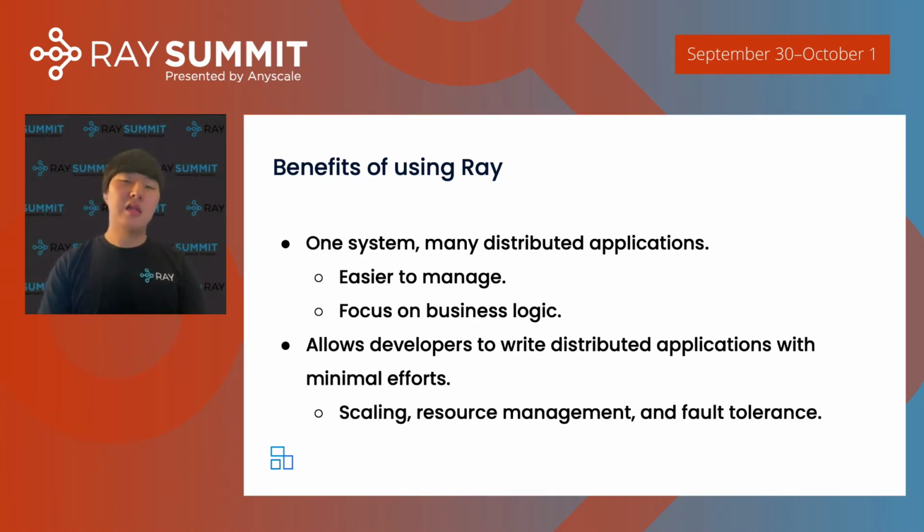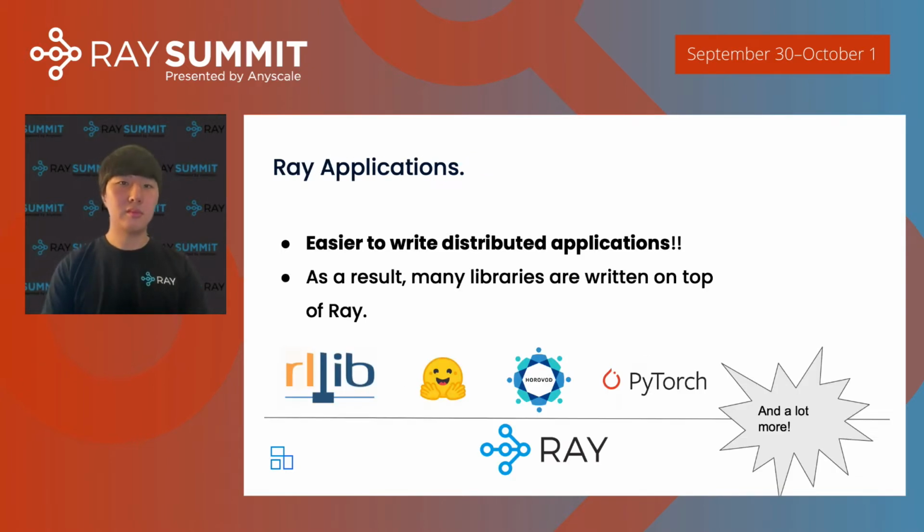Second, it allows developers to write distributed applications with minimal effort, since complex distributed system problems such as scaling, resource management, or fault tolerance are coordinated by Ray. And thanks to these benefits, there are many distributed applications written on top of Ray or integrated with Ray. For example, there are native libraries such as RLlib, Tune, or Ray Serve, or there are many other community-driven libraries such as integration with Hugging Face, Horovod, or PyTorch, and a lot more.